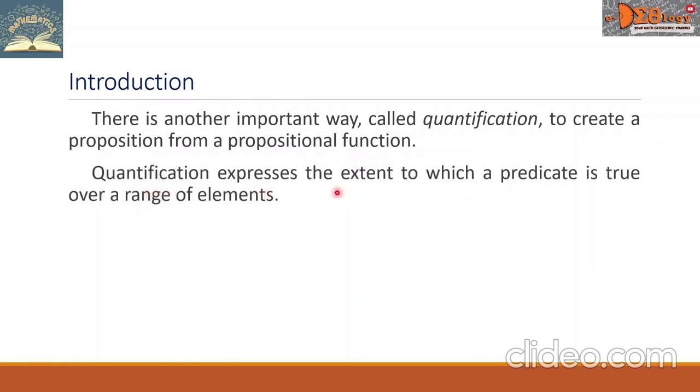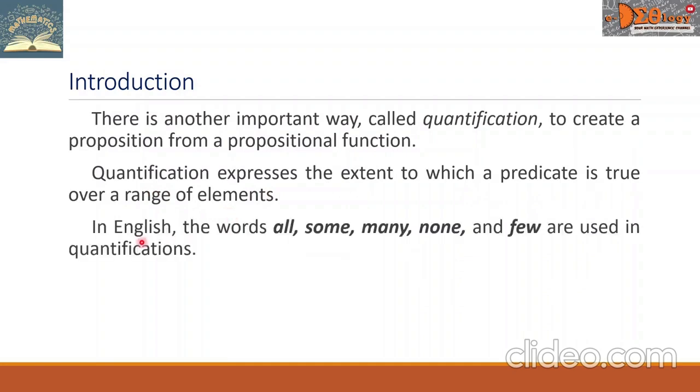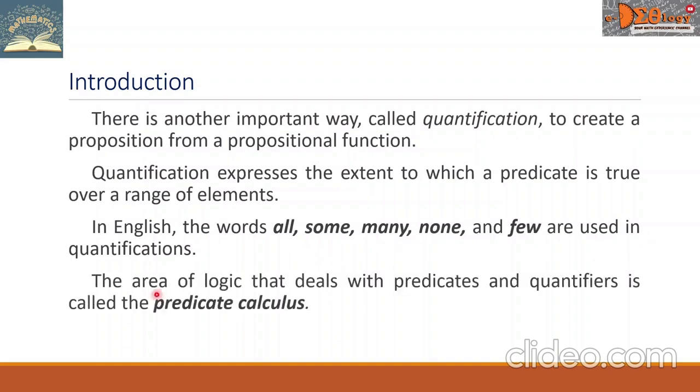Quantification expresses the extent to which a predicate is true over a range of elements. In English, the words all, some, many, none, and few are used in quantifications. The area of logic that deals with predicates and quantifiers is called the predicate calculus.